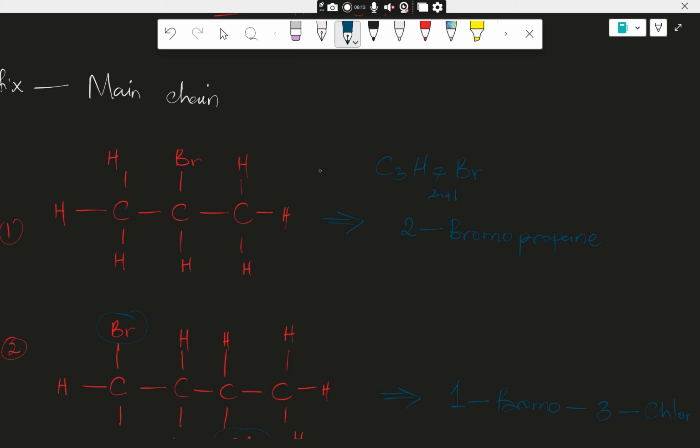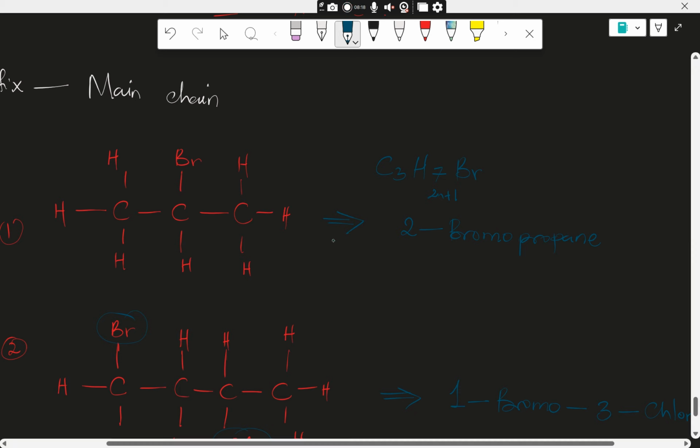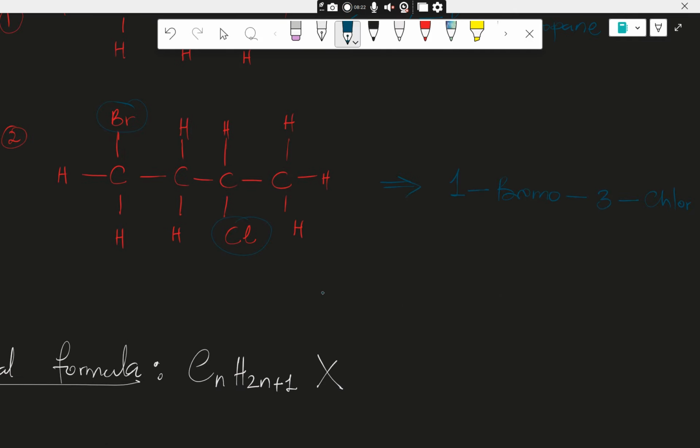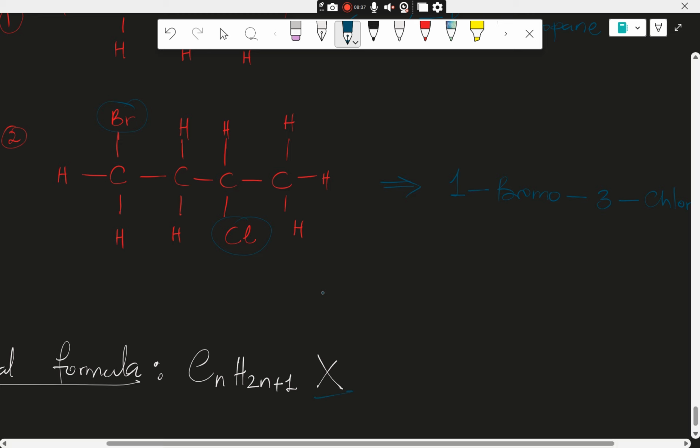Yes, 2n is 6, and then 1, that will be 7. So the general formula works. But it wouldn't still work in the other case, because it's disrupting the formula, which only accounts for one halogen. So this one won't be able to work.